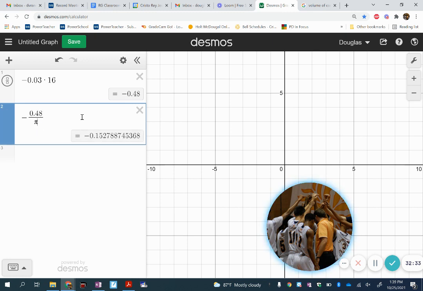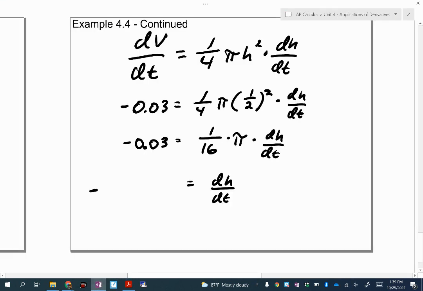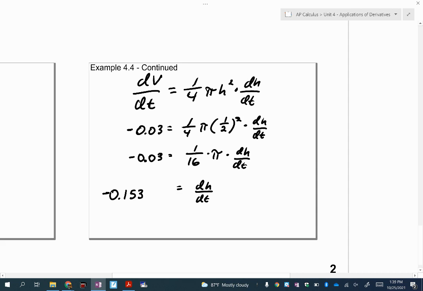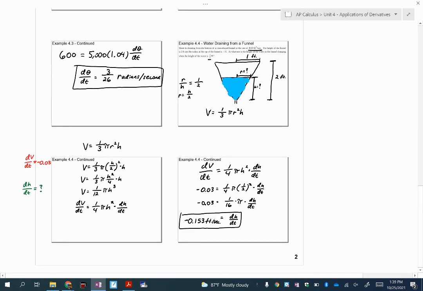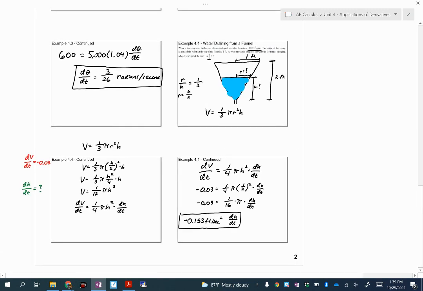All right, so our answer is going to be negative 0.153. Negative 0.153 is dh dt, and that's going to be feet per second. So that is the rate at which the height of the water is changing when the height of the water is 1/2 foot.